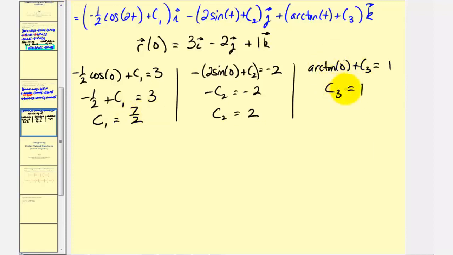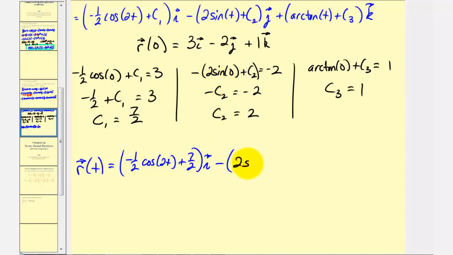Which means our specific antiderivative vector valued function is r of t equals negative 1/2 cosine 2t plus 7/2 times i, minus 2 sine t plus 2 times j, plus arctangent t plus 1 times k.